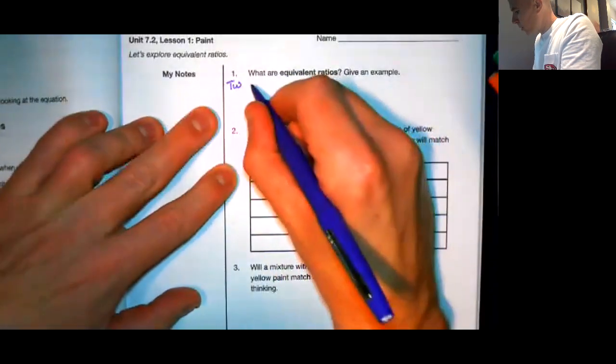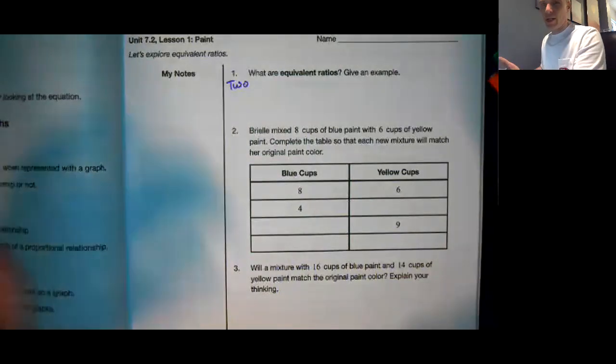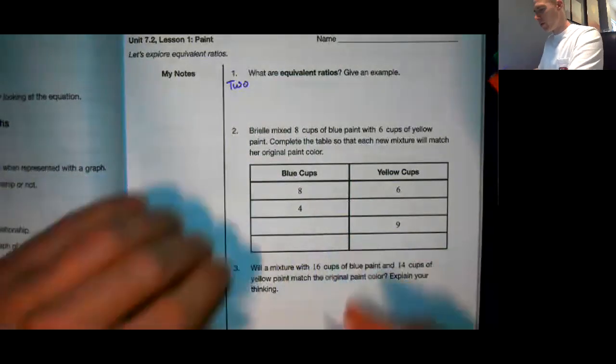All right, so the first thing it says is, what are equivalent ratios? Two, well, actually two or more, really, I should say. I was going to say 2 ratios, but we'll write 2 ratios, though you could have any number of equivalent ratios.